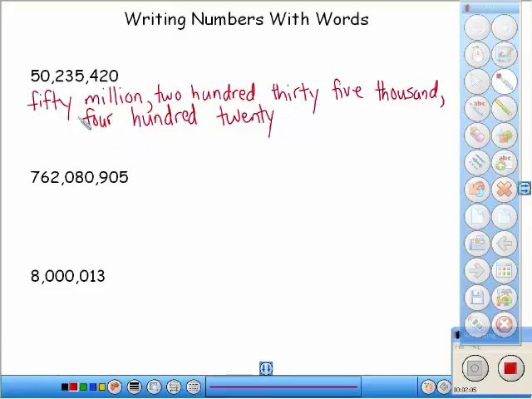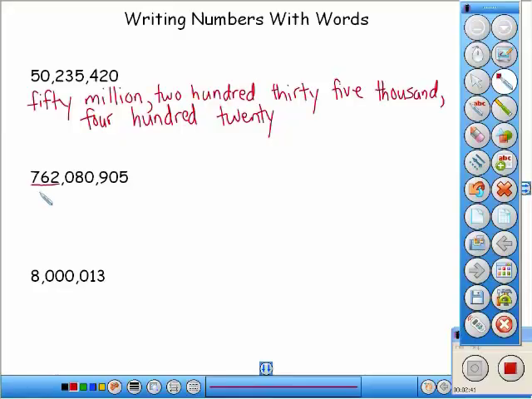So this is 50 million. There's the 50 million. 235,000 because it's in the thousands place. 420. So let's take a look down here on the second example. Remember, we're going to say the number. Say that number. How do you say that number? Good. That's 762.